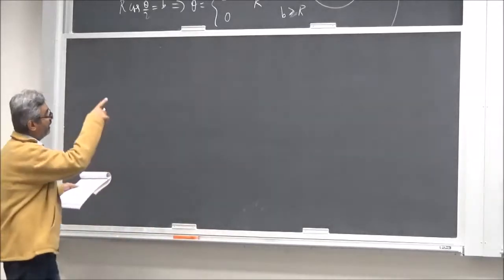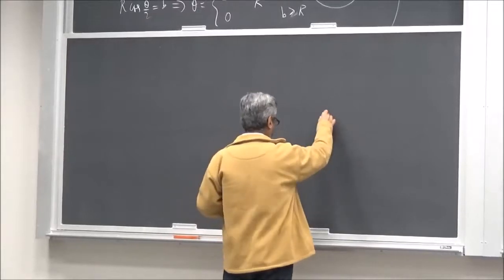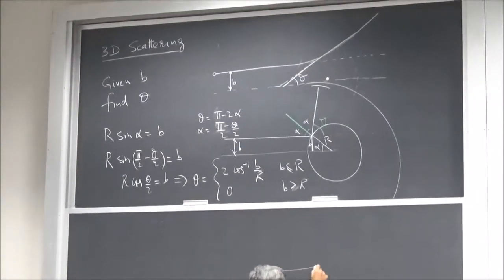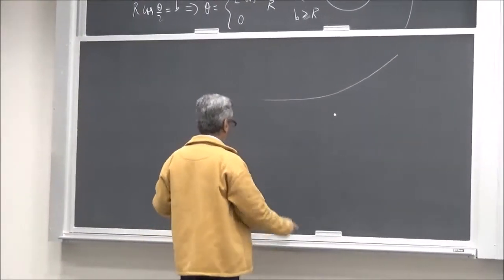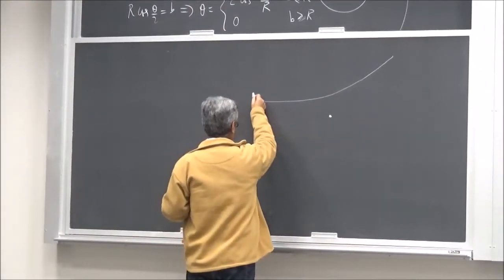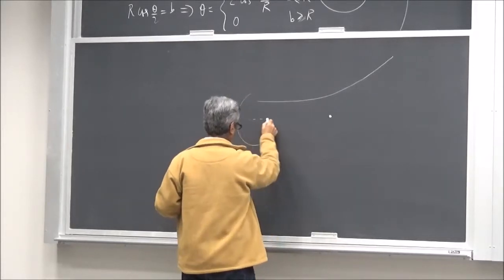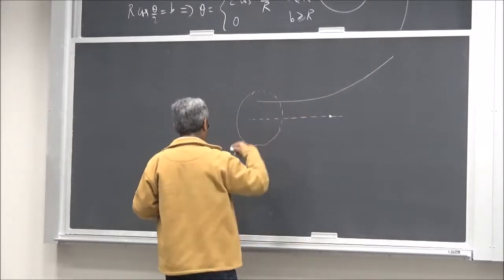So again, let's go back to this picture on top there. This is the scattering center, and if you're coming this way, you go like this. If I take a beam here, let's say it's symmetric around this axis.